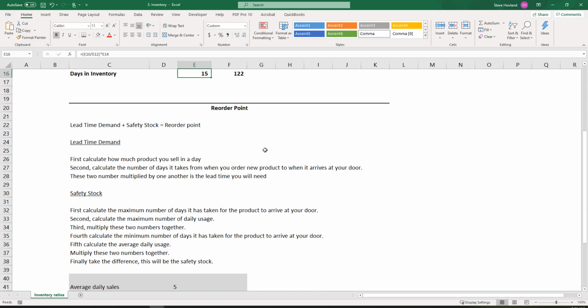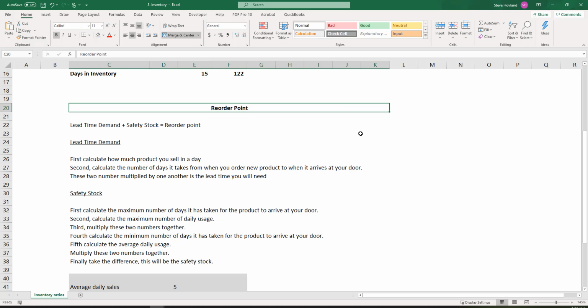Now the next item is a very valuable tool for those of you who do manufacturing and you manufacture or sell a product, and it's called Reorder Point. What Reorder Point does is it helps you calculate, if I get to X amount of units, I have to now reorder.